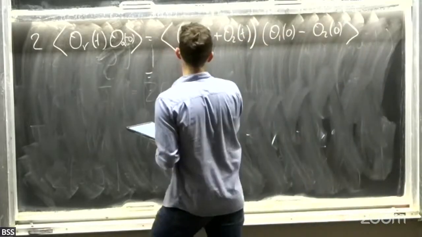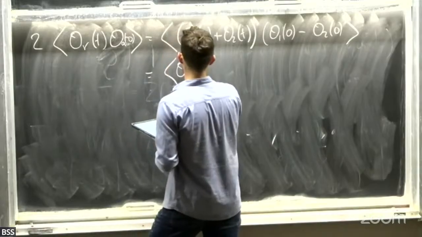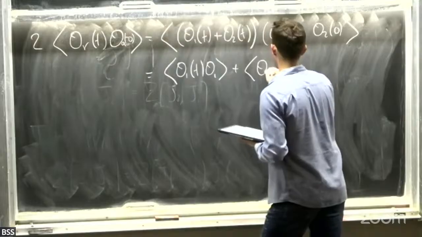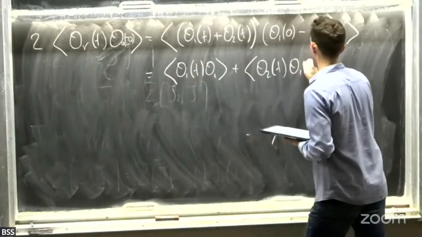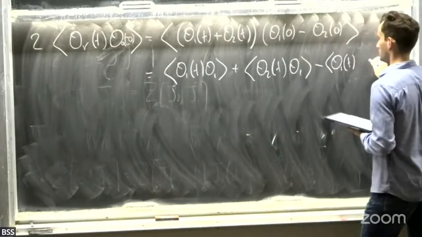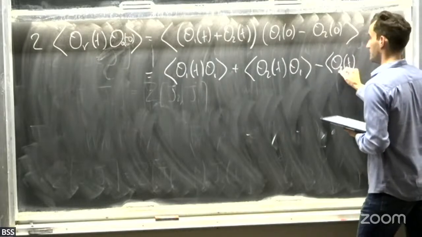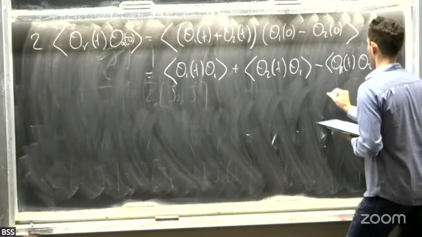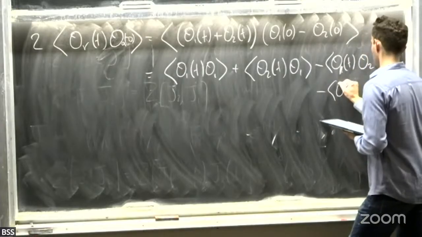So I'm going to have a bunch of terms: O1 of t, O1; O2 of t, O1; O1 of t, O2; O2 of t, O2.